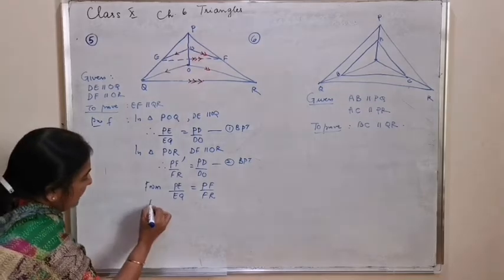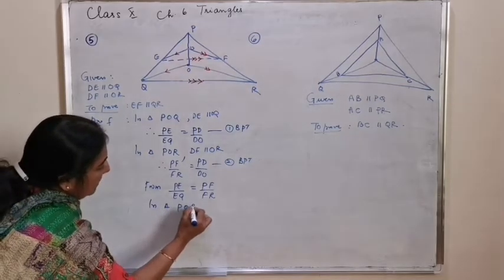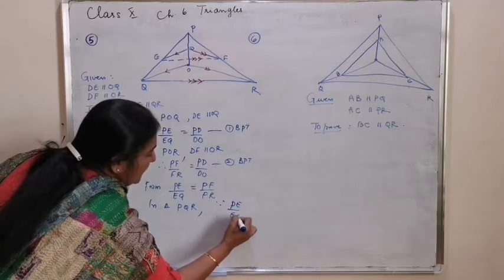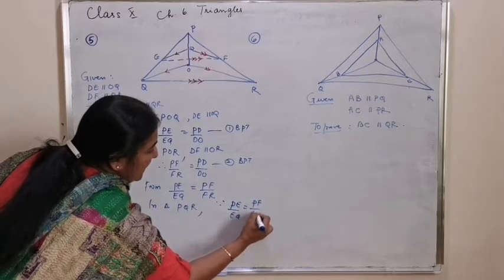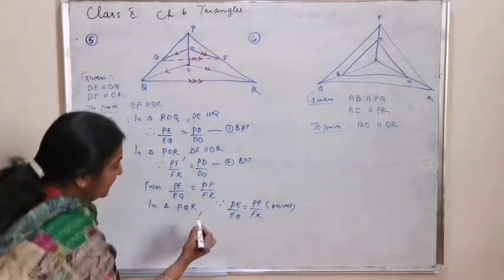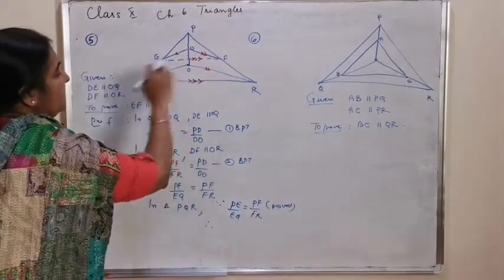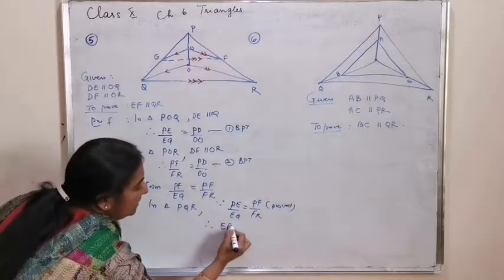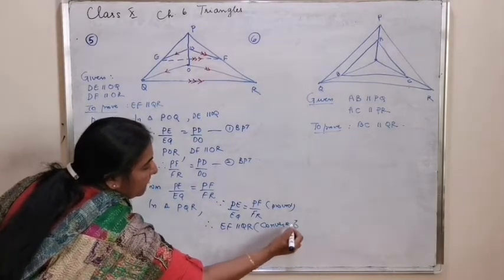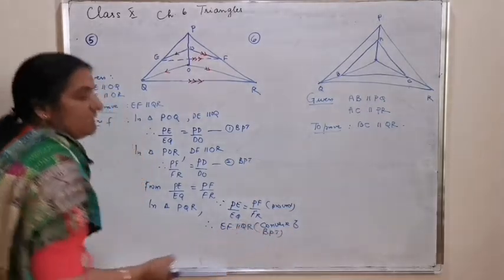So how do you present it? In triangle PQR, since PE by EQ is equal to PF by FR, that is, you proved it, therefore the line EF is parallel to QR by converse of basic proportionality theorem.